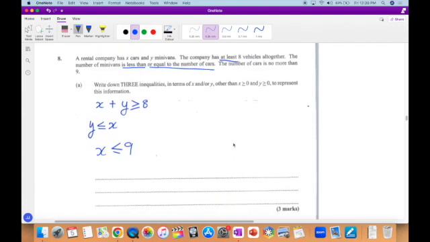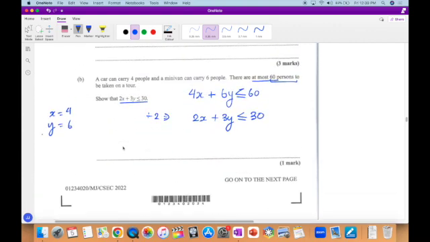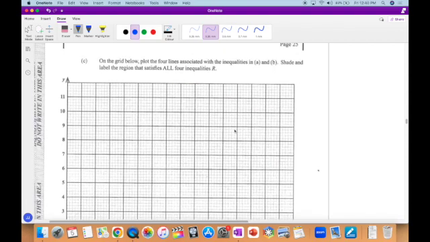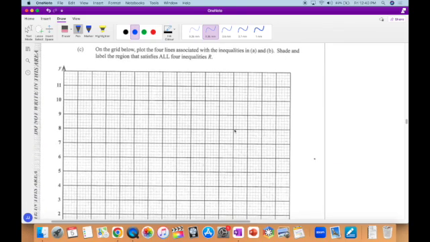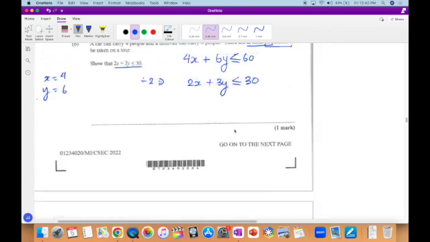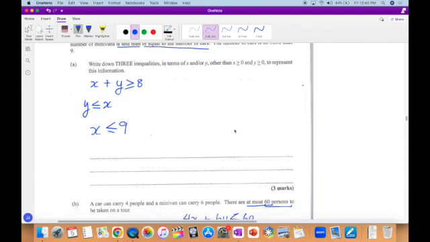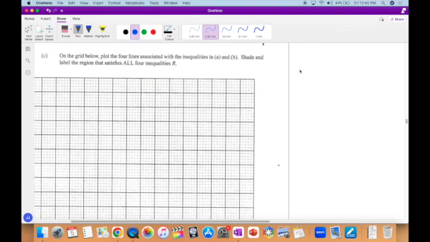So we have 3 inequalities describing the relationship between cars and minivans, and 1 inequality describing how many people we can take. On a grid below, plot the 4 lines associated with the inequalities in A and B, and shade and label the region that satisfies all. So let's write out these 4. x plus y is greater than or equal to 8.